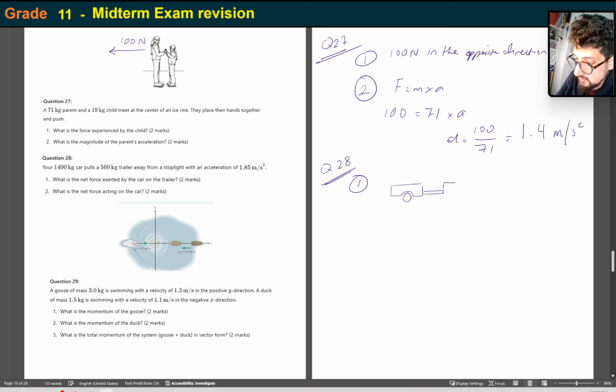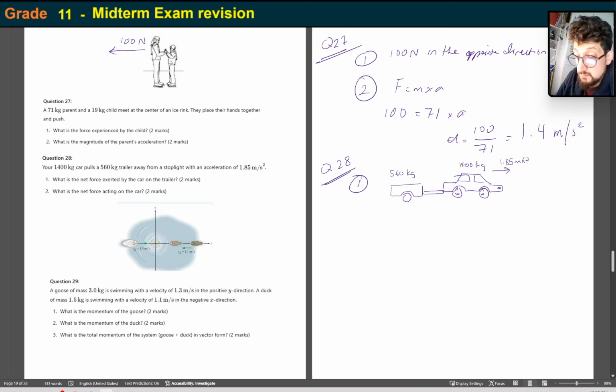So we have a car, and the car is pulling the trailer. The trailer has a mass of 560 kilograms, and the car has a mass of 1,400 kilograms. They both accelerate at 1.85 meters per second squared.